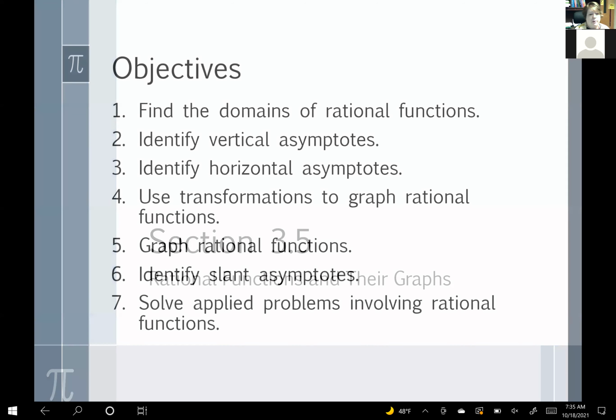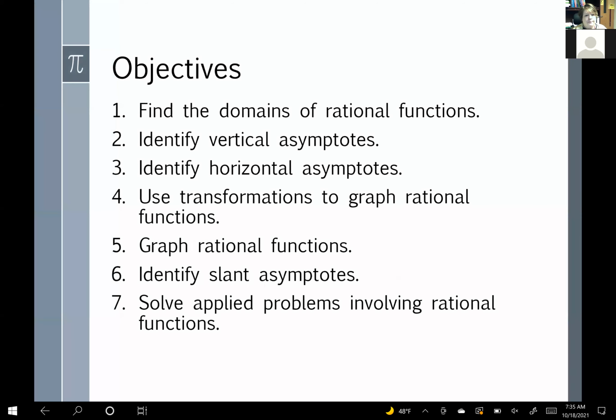So what we're going to do in section 3.5 is, first of all, do a quick review of domains. We've been talking about domains quite a bit since chapter 2. And since we're talking about rational functions, where we take a polynomial and put it in the numerator and denominator, there is a chance that your domain could be restricted from the set of all real numbers.